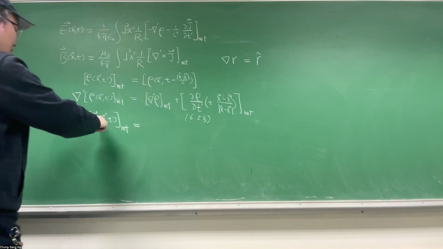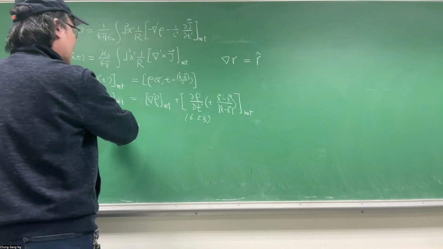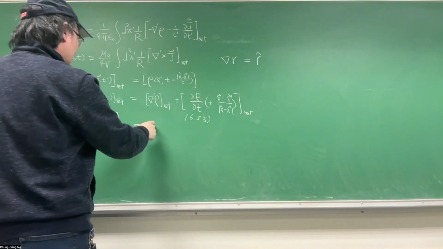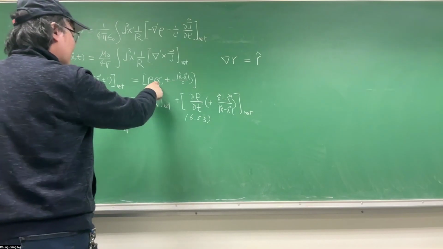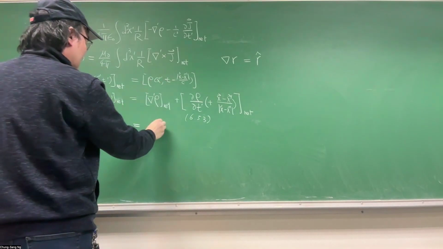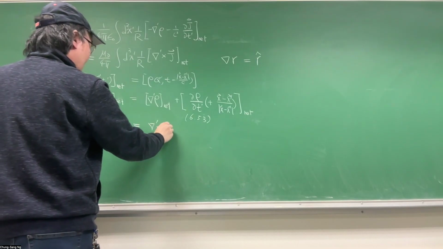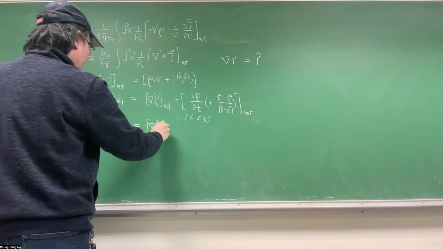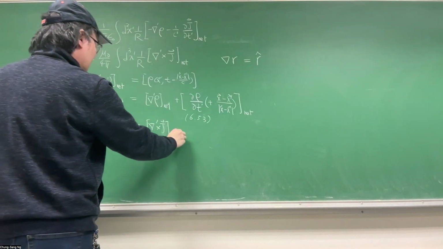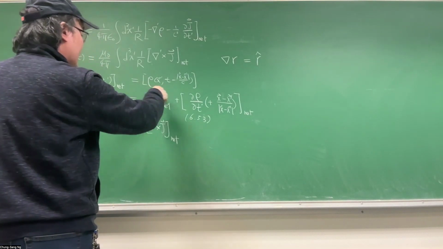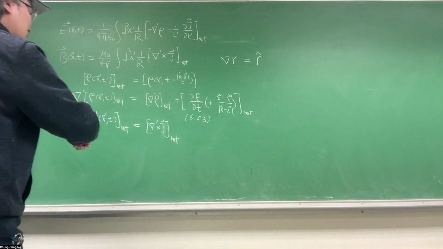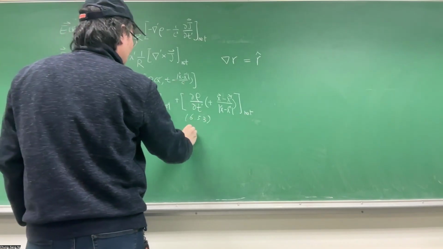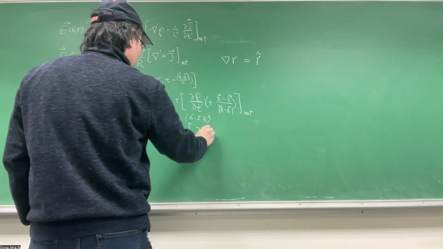You can move it inside because now this has also two arguments. Moving it inside means you only work on the first argument. So the curl of J inside without the bracket. And then the second one is partial J partial t.